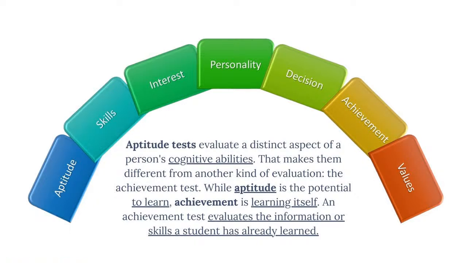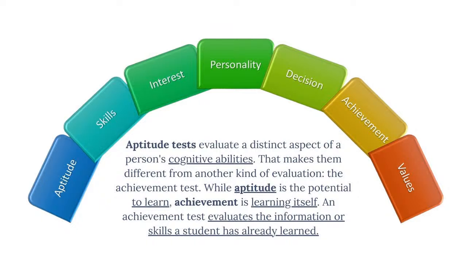What we have here up on the screen is a chart of a variety of different inventories that we can do. So there's the aptitude tests, interest skills-based inventories, interest inventories, personality, decision, achievement, and then values. I want to touch on the aptitude versus the achievement surveys that you can give your students. An aptitude test evaluates distinct aspects of a person's cognitive ability.